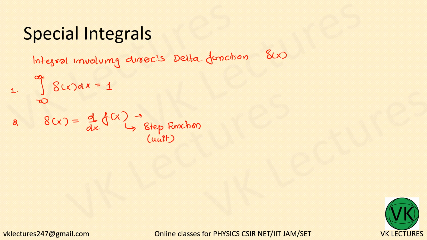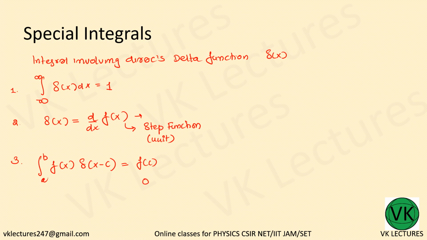Then we have the integral from a to b of f of x times delta of x minus c. Here c is some value, and the result is either f of c, the function at x equal to c, or 0.